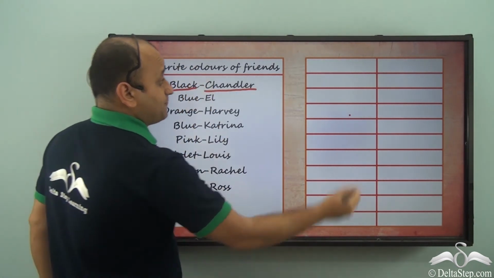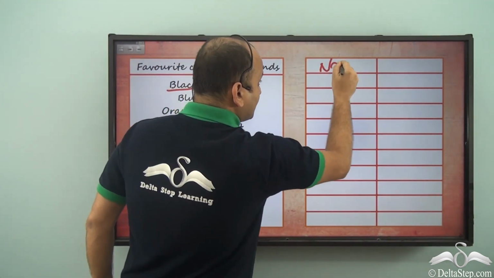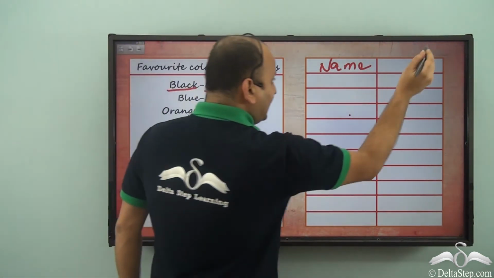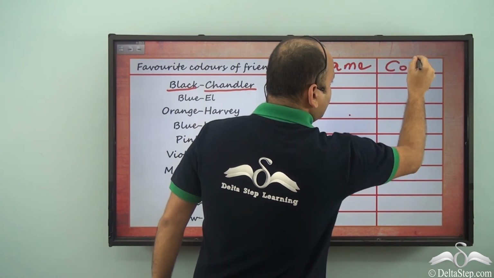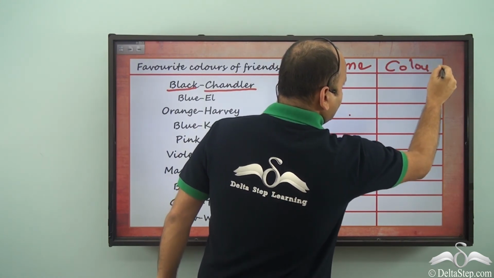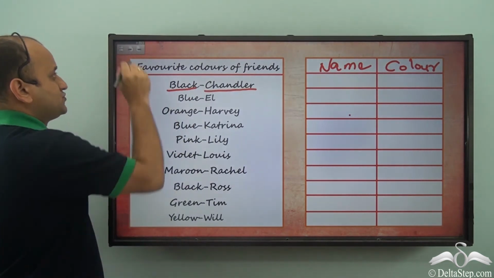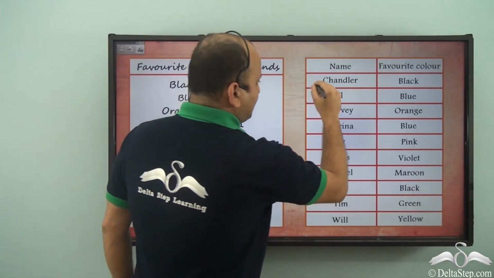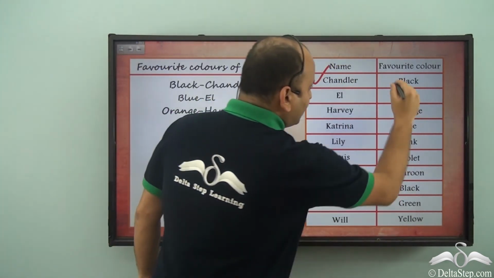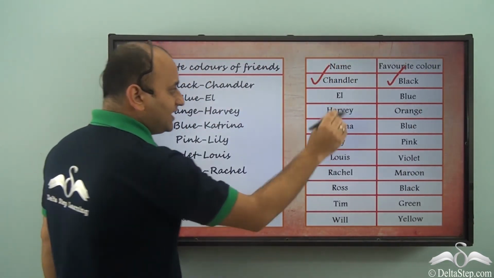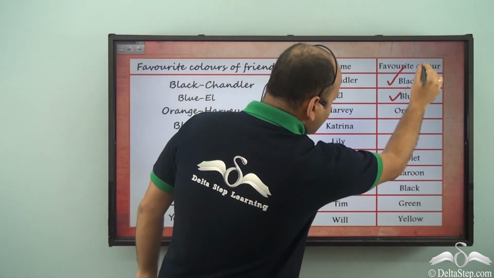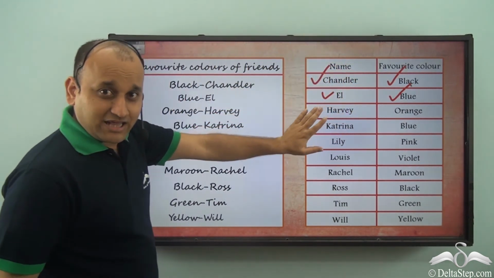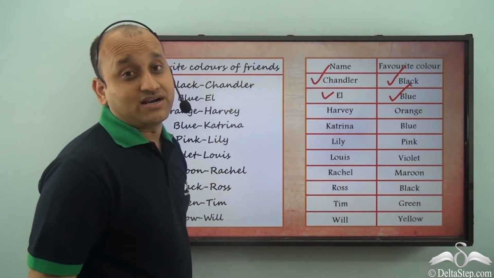So we'll have name here and accordingly the favorite color here. So if you write this here, so name is Chandler and favorite color is black. Similarly, name is L, favorite color is blue. So again, the data is much more presentable and much easier to understand.